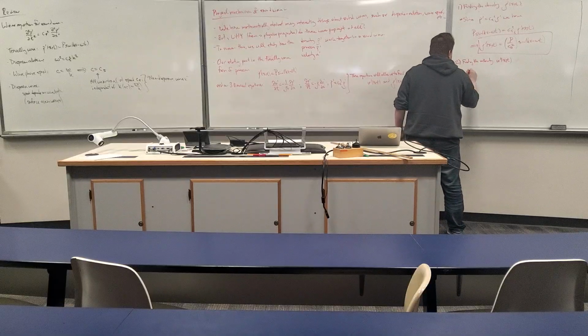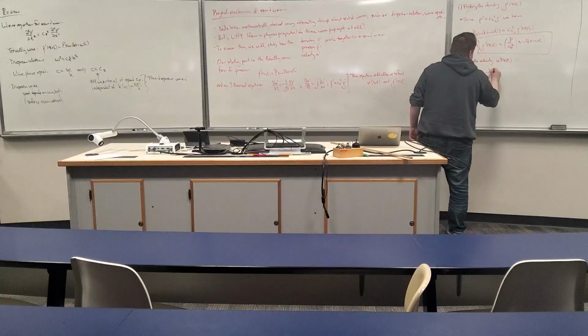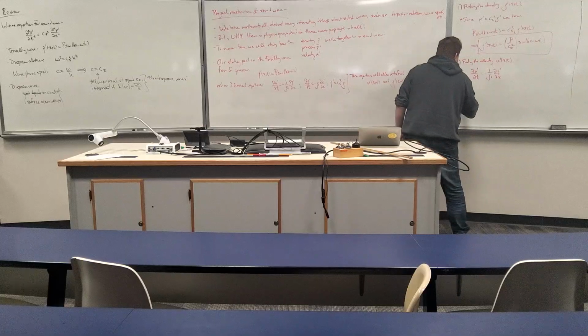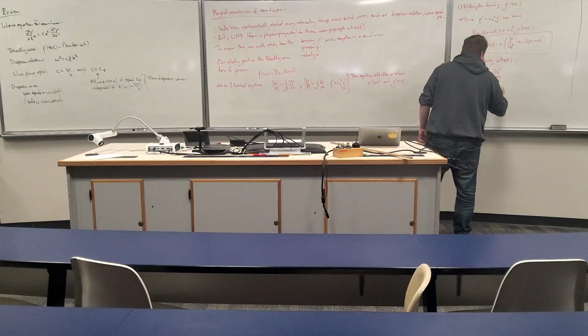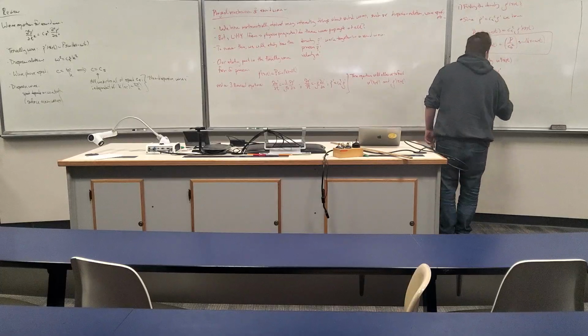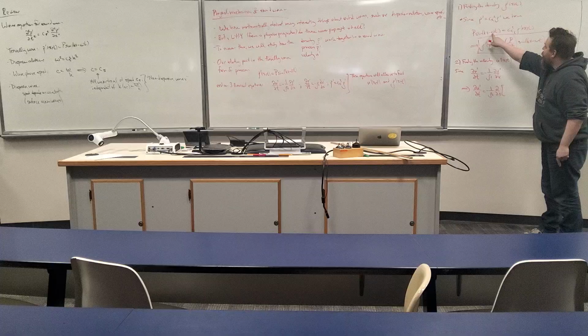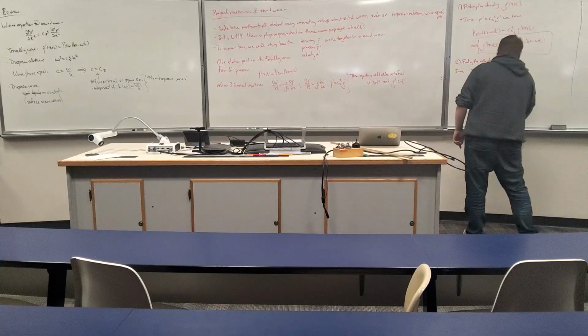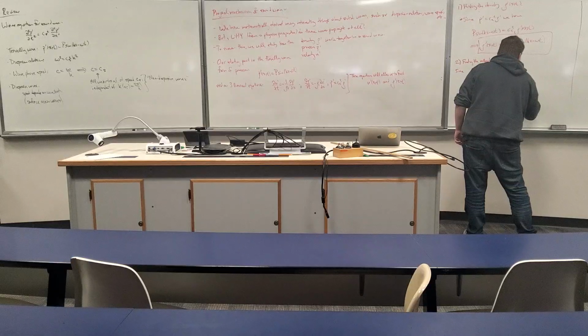Since partial u prime partial t equals minus 1 over rho naught partial p prime partial x, we have partial u prime partial t equals minus 1 over rho naught times d by dx of p prime. For p prime, that's our pressure field, we plug in our traveling wave: capital P times sine kx minus omega t.